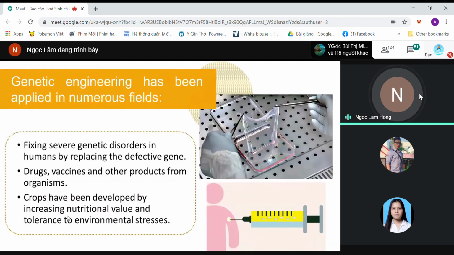And genetic engineering has numerous fields: fixing severe genetic disorders in humans, making vaccines and other products from organisms, and in crops for nutritional value and tolerance to environmental stress.